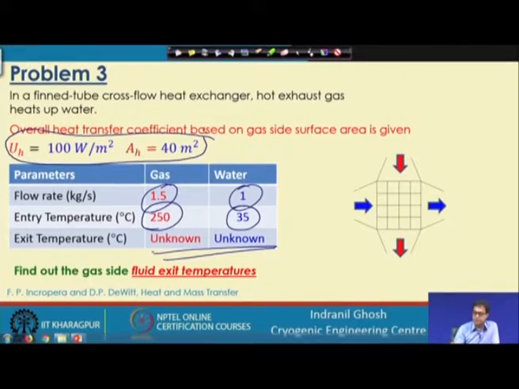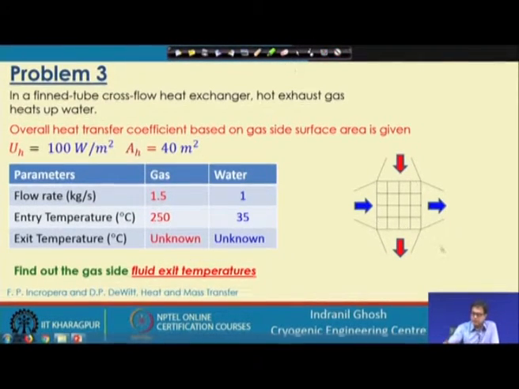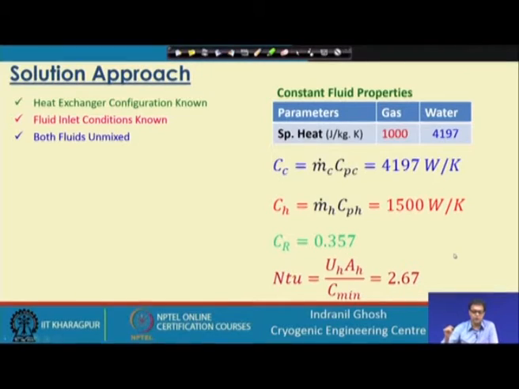transfer coefficient. And it has already been said that this is a cross flow exchanger with both the fluids unmixed. So, as I told you, the heat exchanger configuration is already known, that means the heat transfer surface area and the heat transfer coefficient are already given.